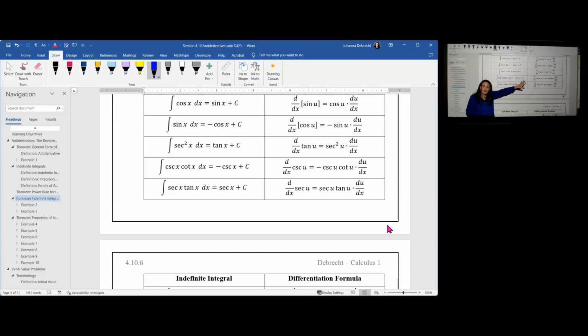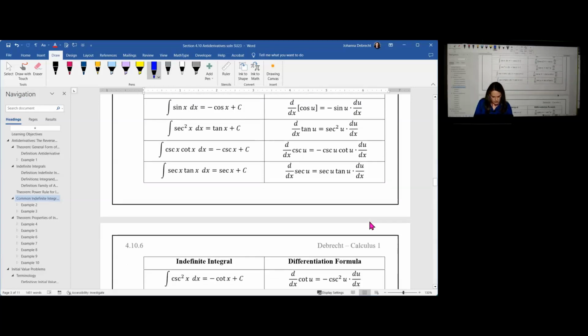Because the derivative of tangent is secant squared, the antiderivative of secant squared gives us the tangent of x, up to the constant. And you can see the last two here relate to the derivative of cosecant and the derivative of secant. These are all ones that you probably need to commit to memory.